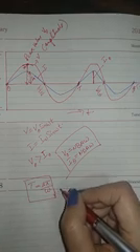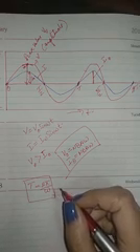Now another one is frequency. The number of cycles completed by an alternating current in 1 second is called the frequency of the current. So if from here to here is 1 cycle, in 1 second a current and voltage will complete many such cycles. That is known as frequency.